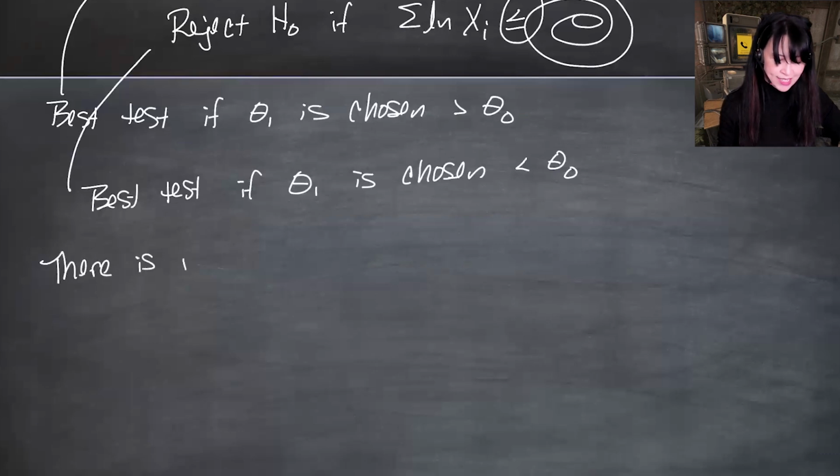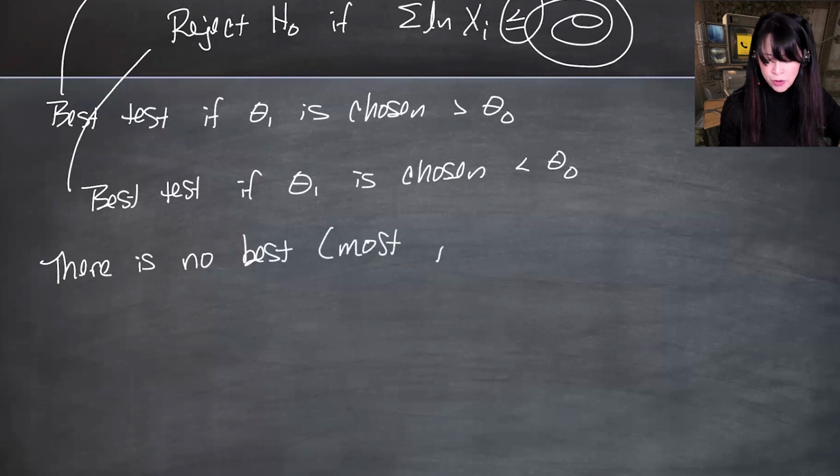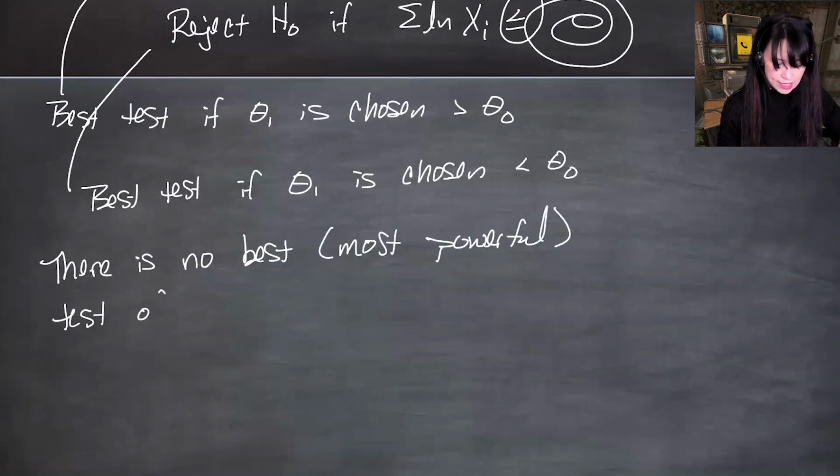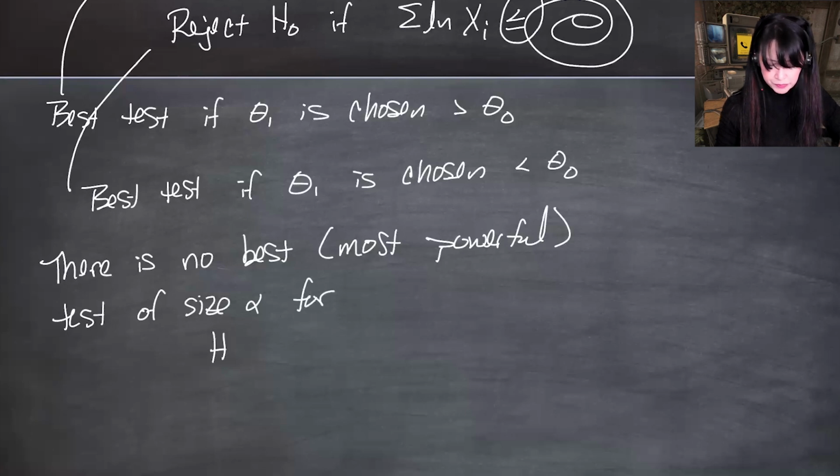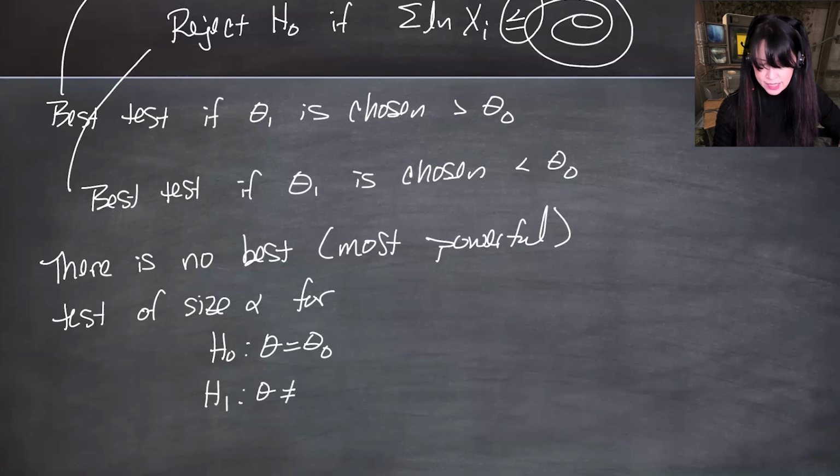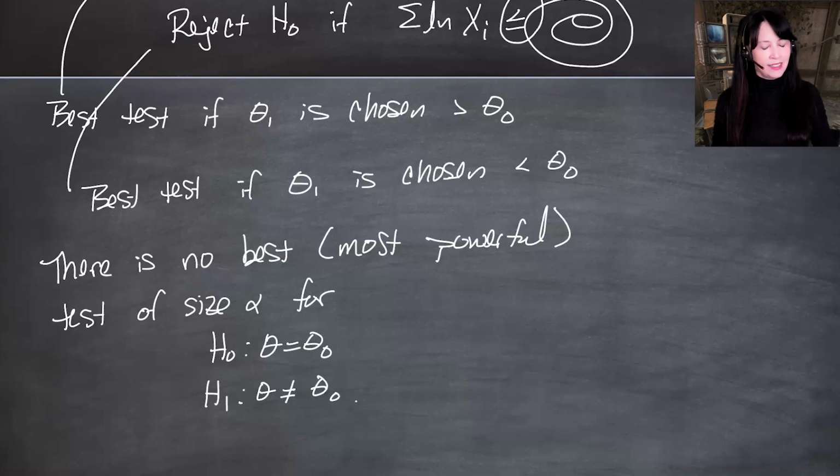So there is no best or most powerful test of size alpha for the null hypothesis that theta equals theta naught versus the alternate where theta is not equal to theta naught. UMP tests do not always exist. This is often the case for a two-sided alternative like it was here, but not always.